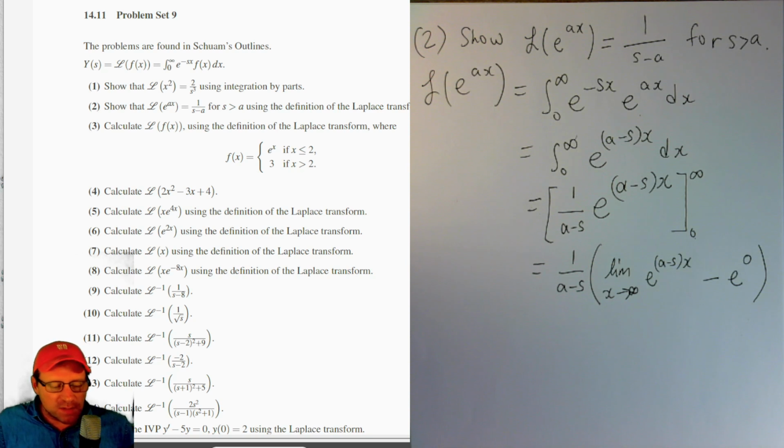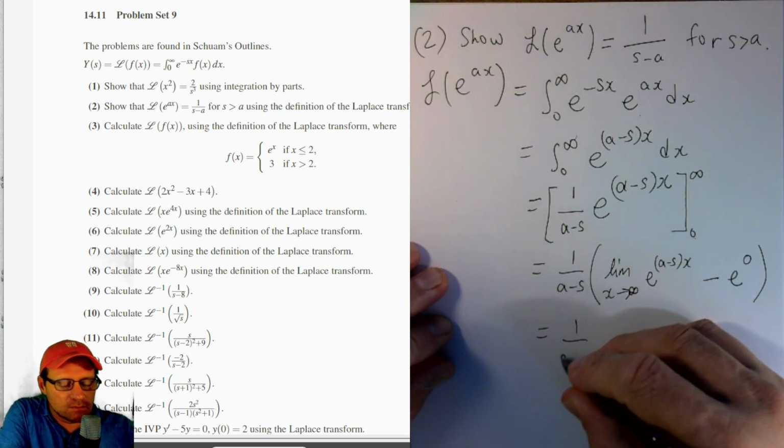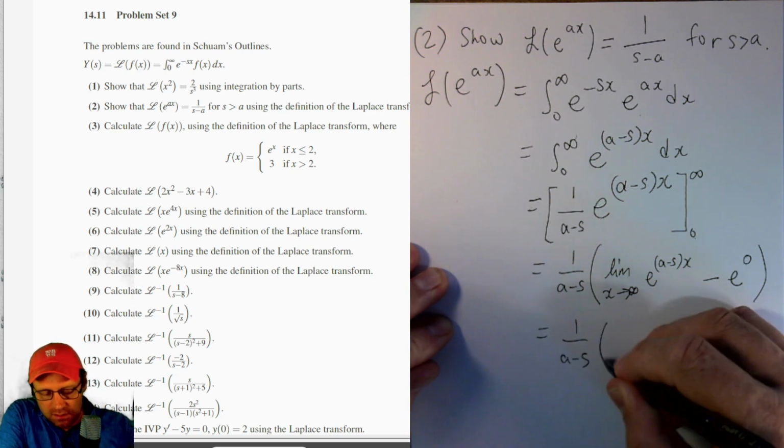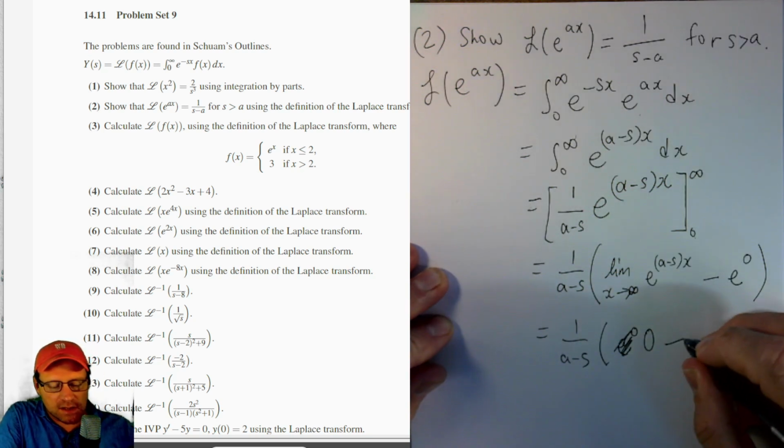So if a minus s is positive, then that diverges. It's not a number, it's not finite. But if a minus s is negative, then that's different. That limit then in that case is 0. And then minus 1.